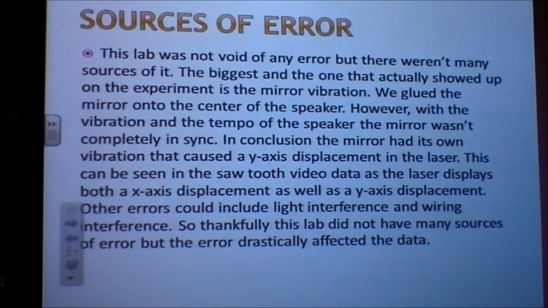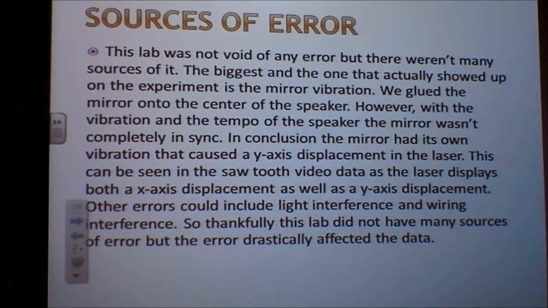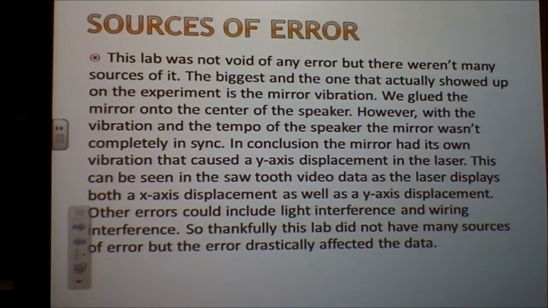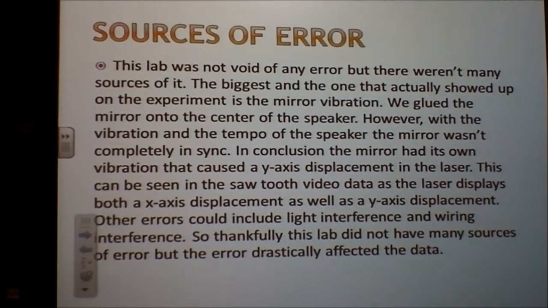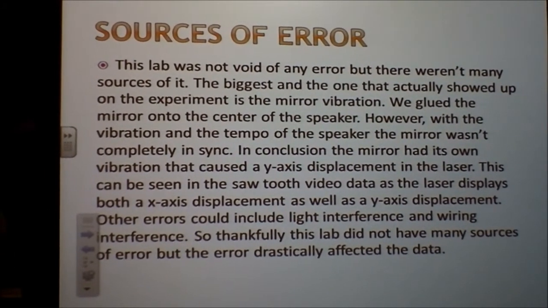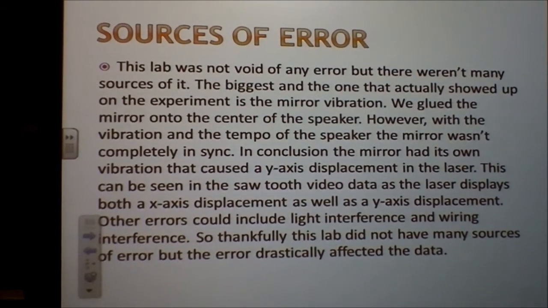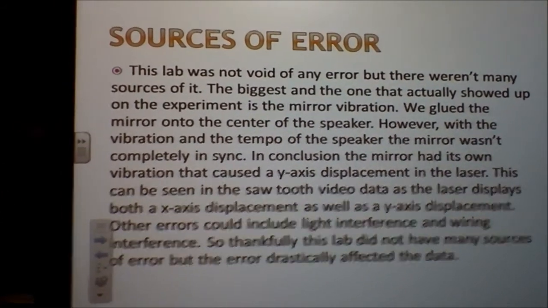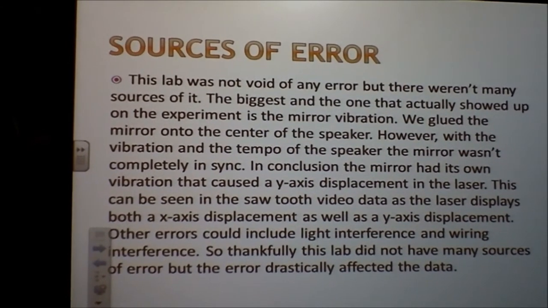The mirror was the biggest problem. We used wood glue or something like that. We tried to get the stickiest glue possible, but there was still some extra vibration between the mirror and the wooden speaker. The mirror would reverberate against the speaker, adding a little more vibration than what we wanted, instead of just following the vibration of the speaker.